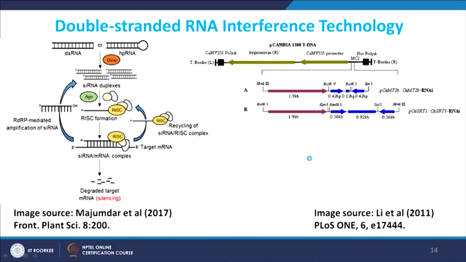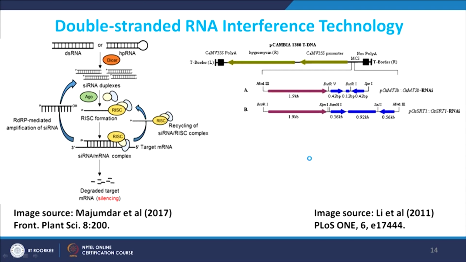The second method which is being used for down regulation is double stranded RNA interference technology. This technology was developed from the endogenous mechanism. In plants, siRNAs and microRNAs are known as a well regulatory mechanism. There is a large number of small RNAs, and they are regulating expression of many important endogenous genes.